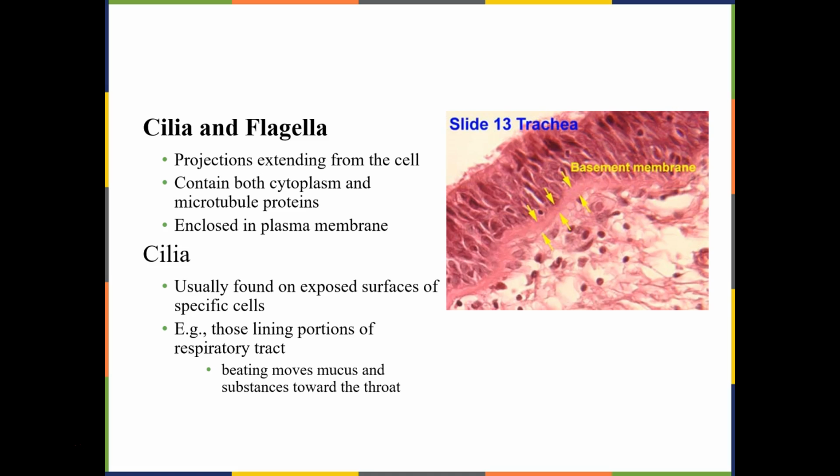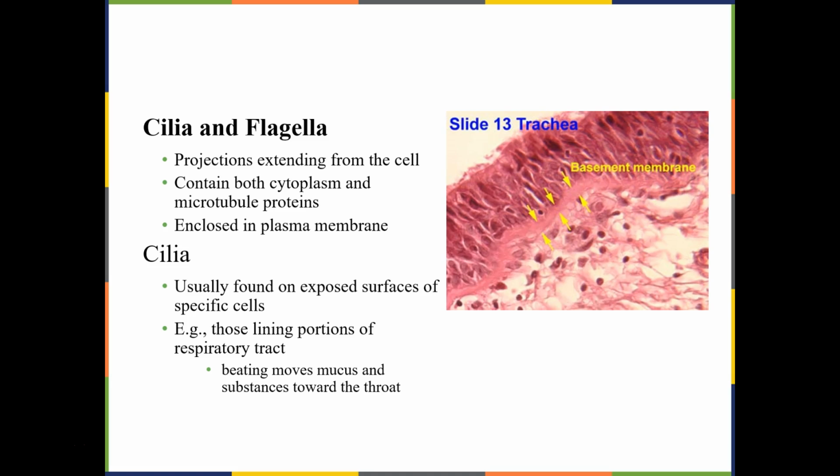Cilia and flagella are not actually organelles, but they are made up from the cytoskeleton again, or from cytoskeletal filaments. So I always talk about them here. These are actually extracellular structures that are found on certain cells. So they would be extensions of the plasma membrane. Cilia is smaller in length than flagella, and its main function is movement of materials along the surface of a cell.